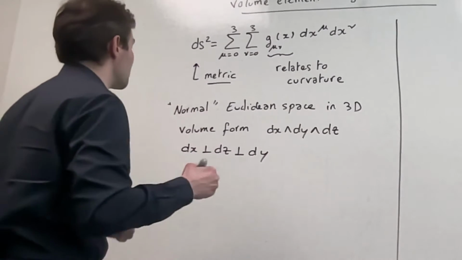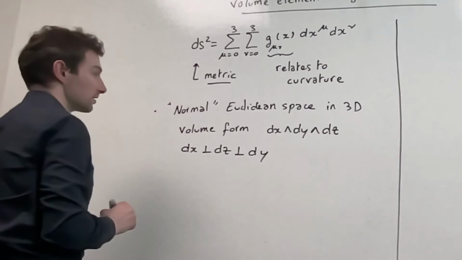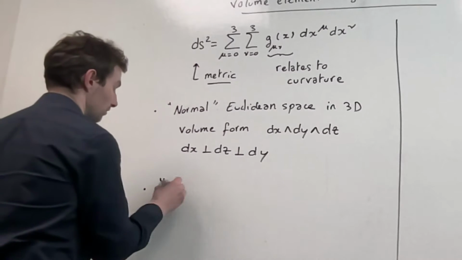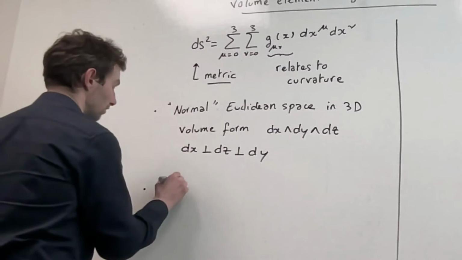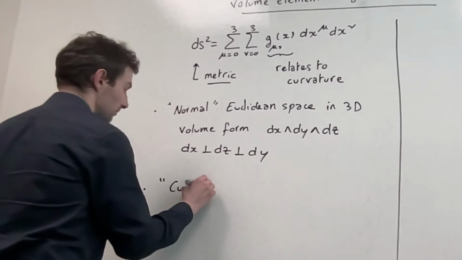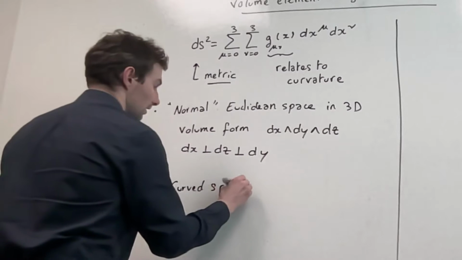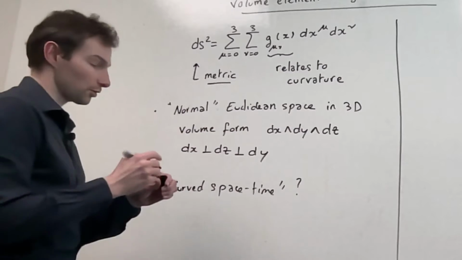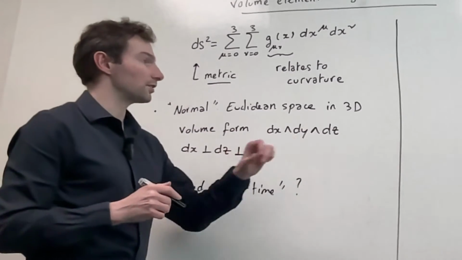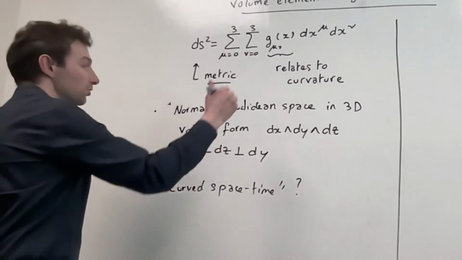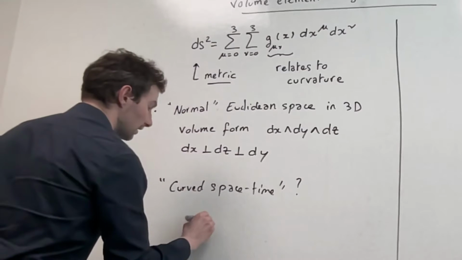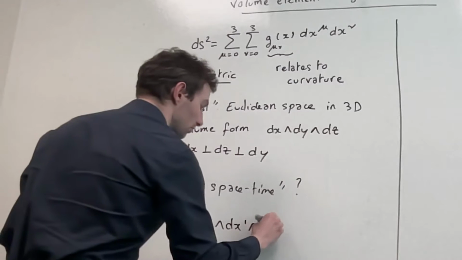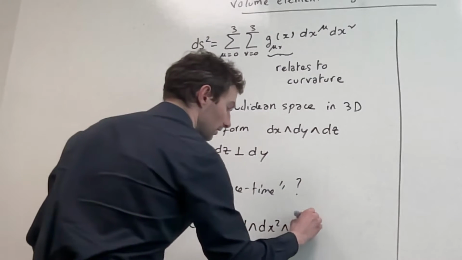Now that's the normal case, and then what you can ask is, in the not normal, curved space-time, how do you define that particular volume form? So for example, you could say, is it simply dx0 wedge dx1 wedge dx2 wedge dx3?